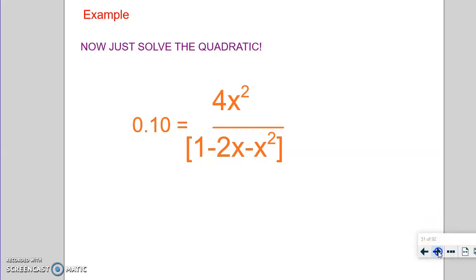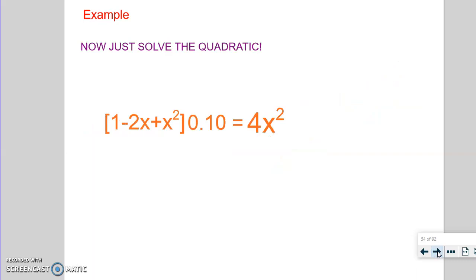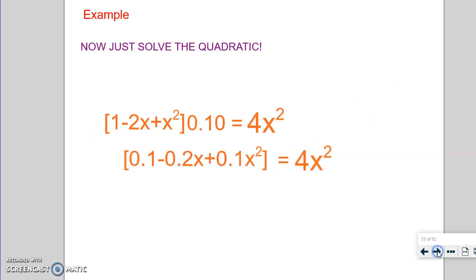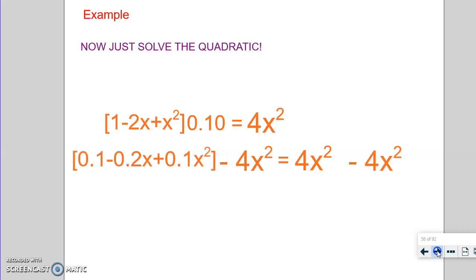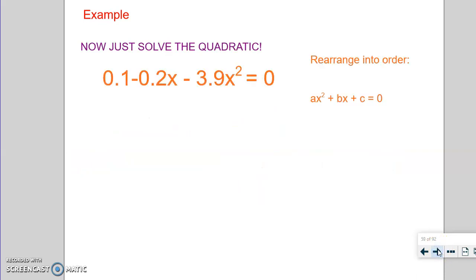But I'm going to multiply the bottoms out. That gives us an expression that looks like this. Then we're going to distribute. Now we're going to subtract 4x squared from both sides to give us something equals 0.